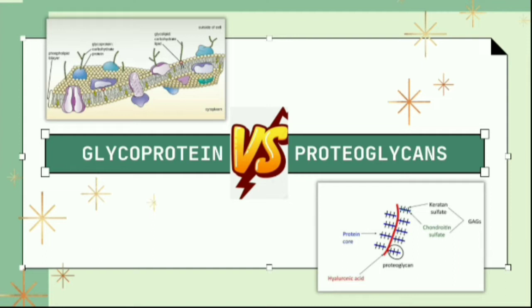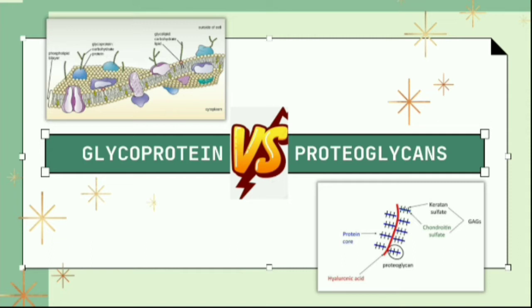And then apart from that, the carbohydrate content of glycoproteins is about 50 to 60%, whereas the proteoglycan is about 10 to 15%. Also, the carbohydrate chains of the glycoproteins may or may not be negatively charged, whereas the proteoglycan's carbohydrate chains are negatively charged due to the presence of sulfate and uronic acid groups.